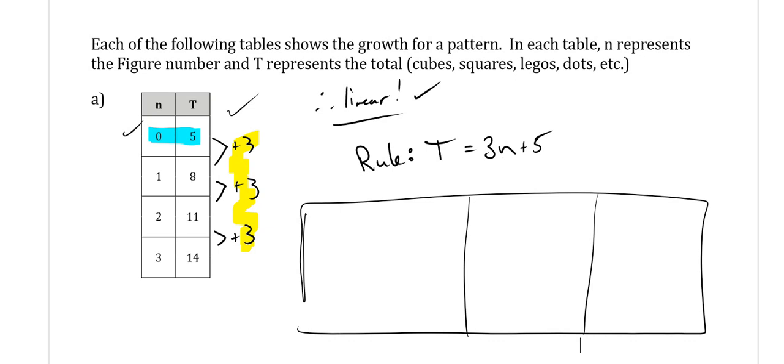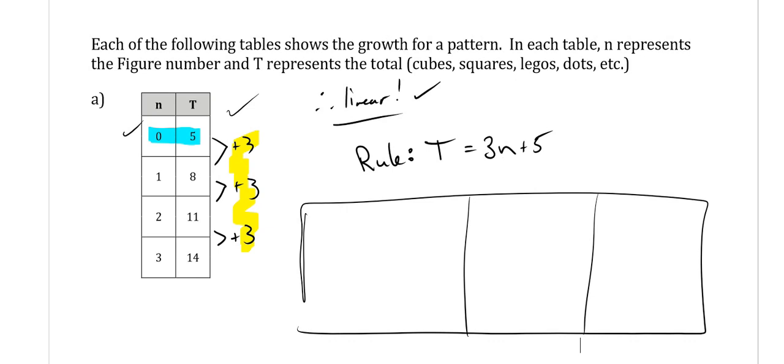So what's our rule? T, which is the total number of cubes, squares, Legos, dots, whatever, is equal to what? Here's one of the parts, the change.